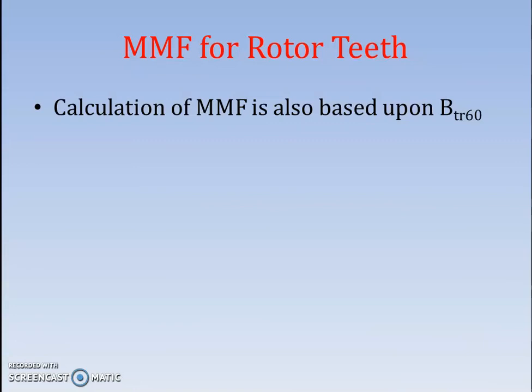Once we have flux density available, then calculation of magnetomotive force is also based upon flux density of rotor teeth at 60 degree. So flux density of rotor at 60 degree is 1.36 times flux density at 1/3.